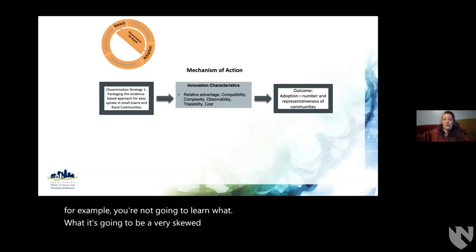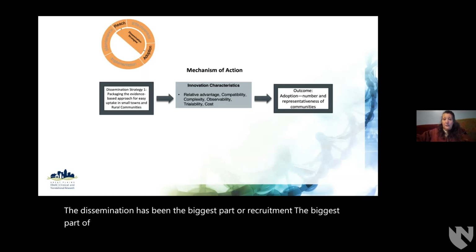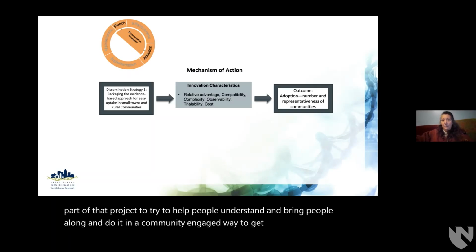So the dissemination, the recruitment, has been the biggest part of that project, to try to help people understand and bring people along and do it in a community engaged way to get people excited.